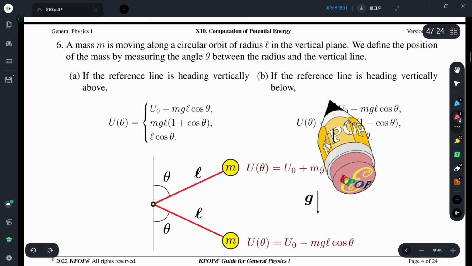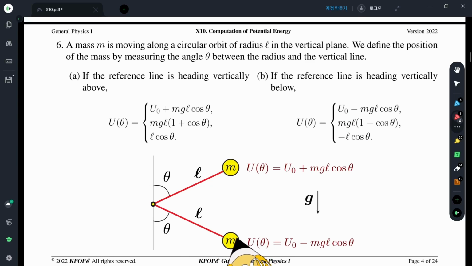We encountered this kind of problem many times. The pendulum problem. There are two ways of indicating the position of a pendulum. Usually we use the angle.